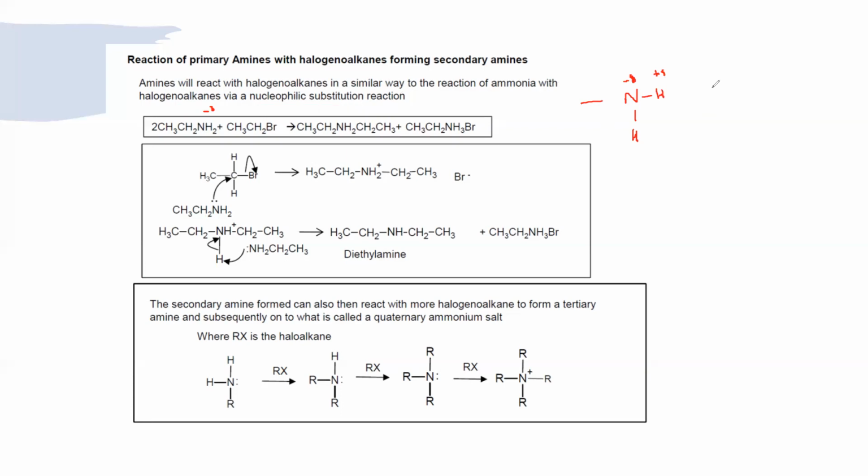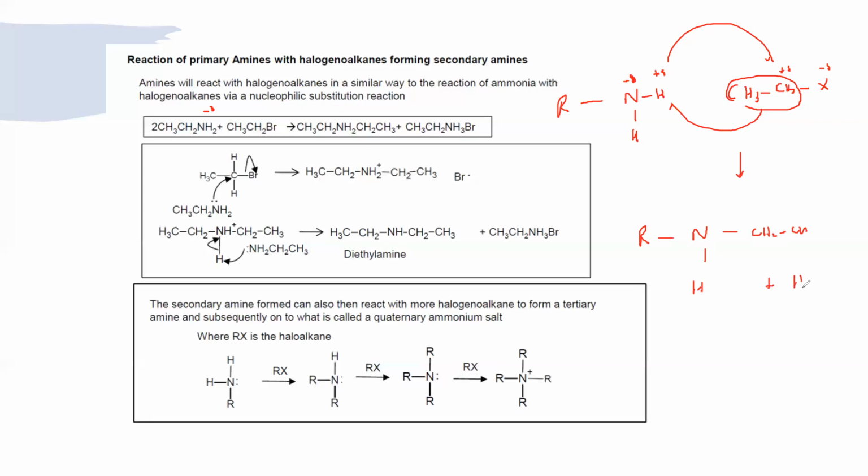And in alkyl halides, CH3, CH2, the halogens are more electronegative compared to carbon, so the halogen will be partial negative and the carbon chain will be partial positive. So the whole carbon chain will take the position of hydrogen. As a result, already one carbon chain is attached, and the second carbon chain will also attach to nitrogen, plus HX will be there.